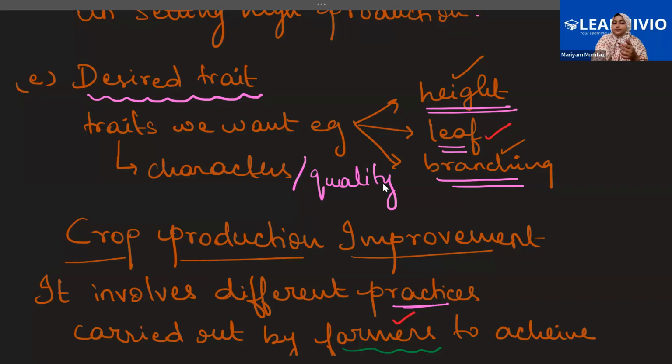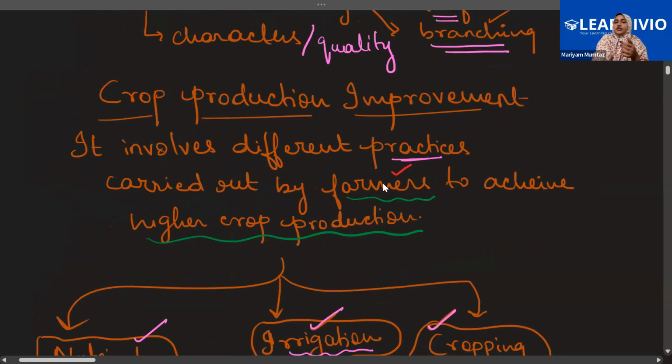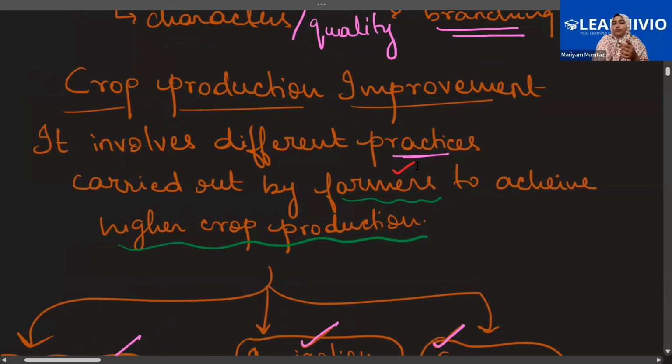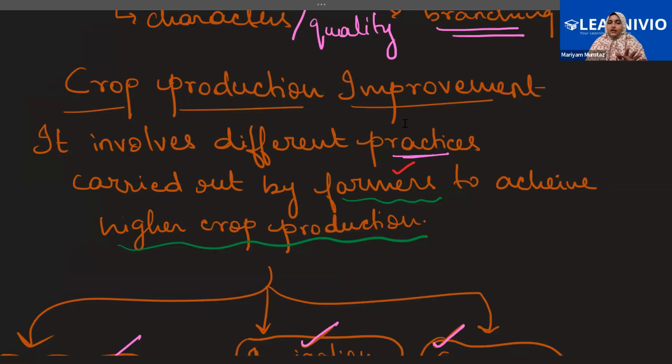So these are all the reasons for which we do the crop variety improvement. Now let us see the crop production improvement. Now this crop production improvement involves different practices to get a higher crop production, whether it is pulses, whether it is carbohydrates, anything that there is, we want it in a very good quality. We want it a lot, right? So that all of the organisms are fed easily.